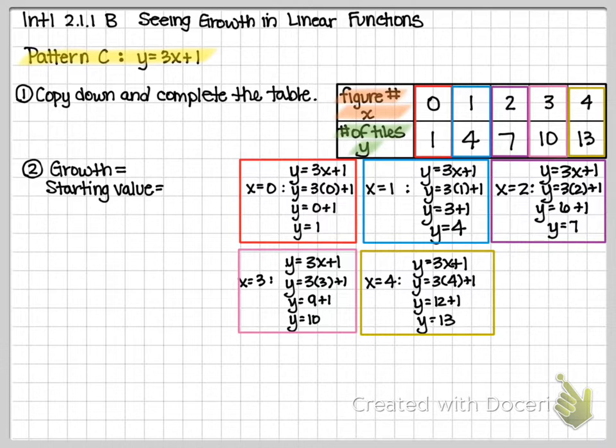I want to look in between each of those x's. So from 0 to 1, we ideally want that jump to be positive 1. To go from 0 to 1, you plus 1. Go from 1 to 2, you plus 1. For now, that should be consistent. It does change though, and becomes a little bit more complicated as we go. So at this point, it's going to be a plus 1.